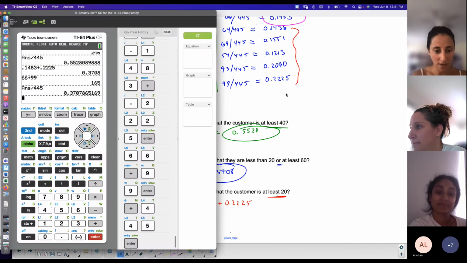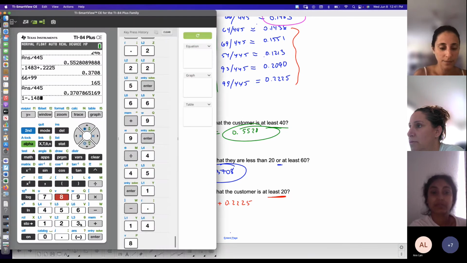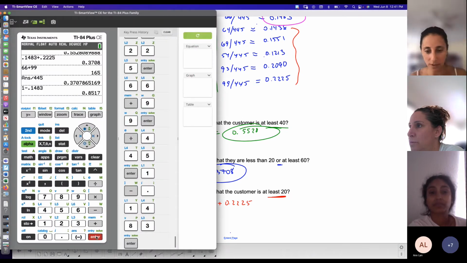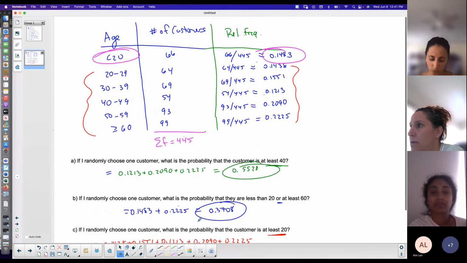And you can verify that. 1 minus 0.1483 is 0.8517. Get really good with complementary events because it's going to help you when you get into stuff that's coming.